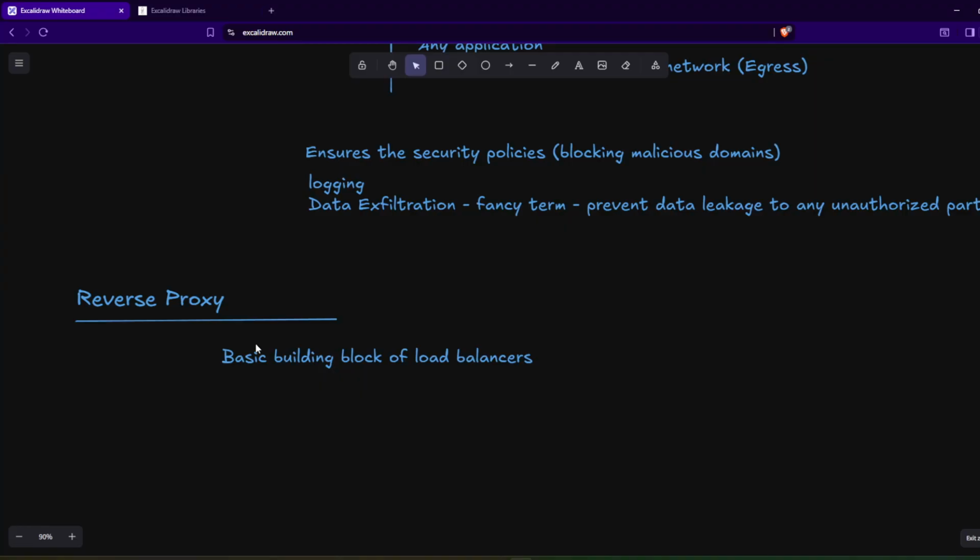Okay, so reverse proxy on a very high level, it sits in front of the backend servers, and it accepts the incoming requests.